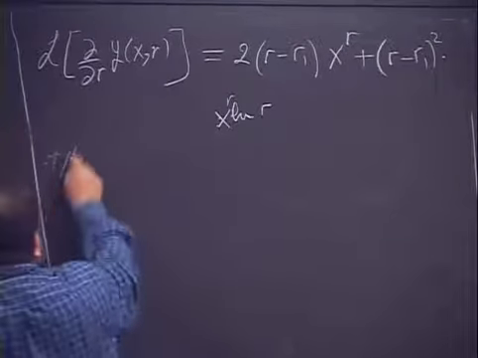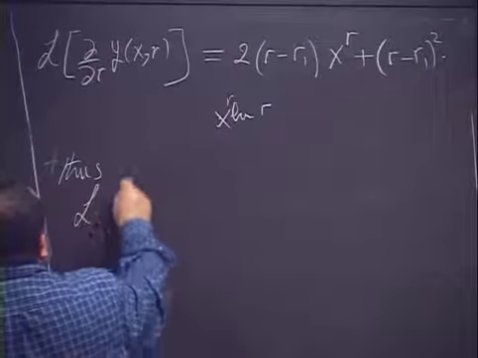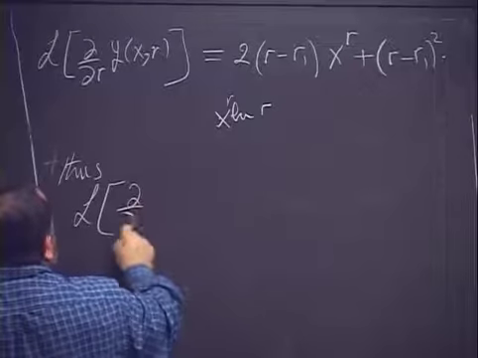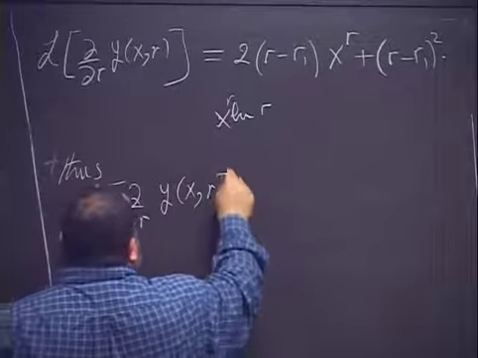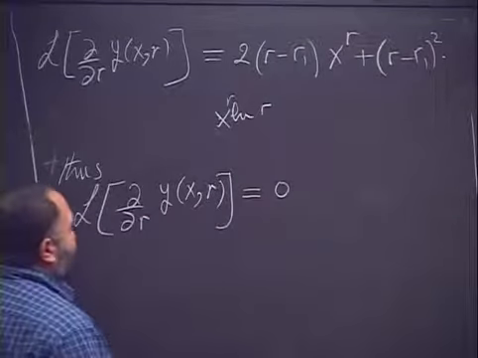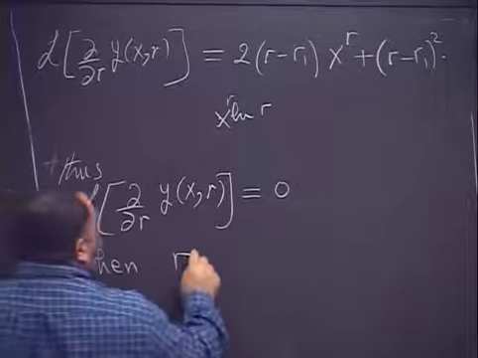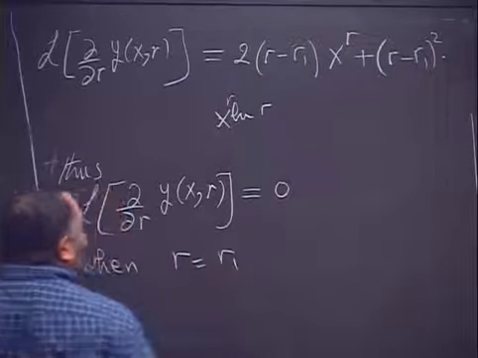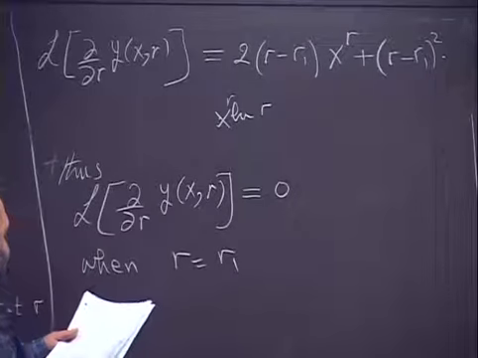So from this, we will see that the linear operator L of d by dr y of x and r will equal 0 when r equals r1.